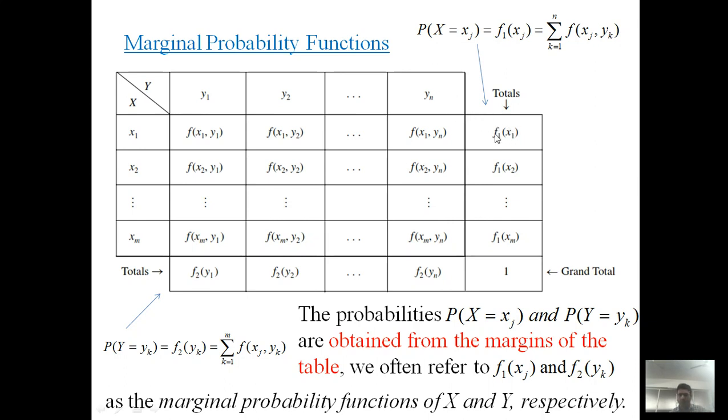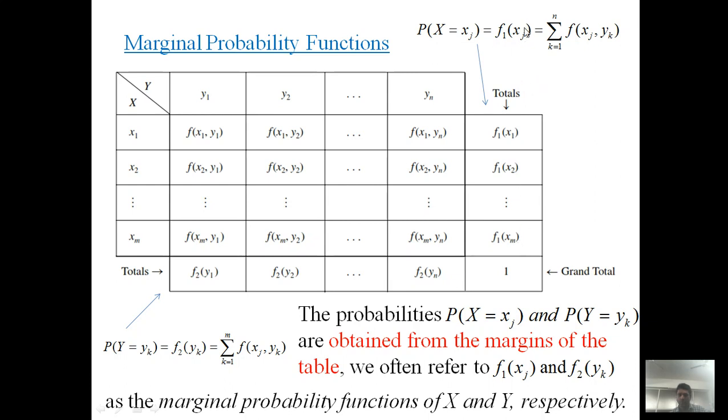Now this f1 of x1 is nothing but the addition of this whole row, that is f of x1 y1 plus f of x1 y2 plus and so on up to f of x1 yn, which is equal to f1 of x1. This is also rewritten as f1 of xa in a general manner, that is for x1, x2 and so on up to xm.